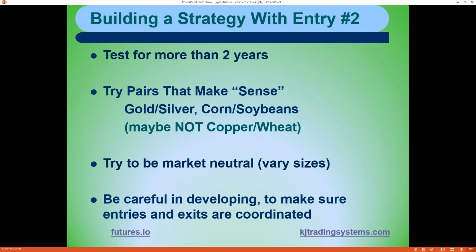And the other cool thing, you know, you can be market neutral. You just have to be super careful when developing these. So, for example, if the time sessions are different for some of your different markets, you might find yourself exiting a market and you can't exit the other leg, and so then you're going to have some risk you didn't think you had.